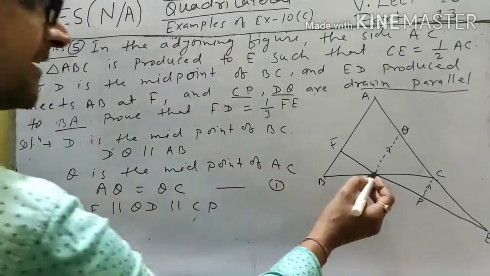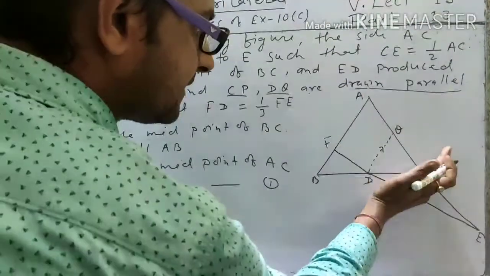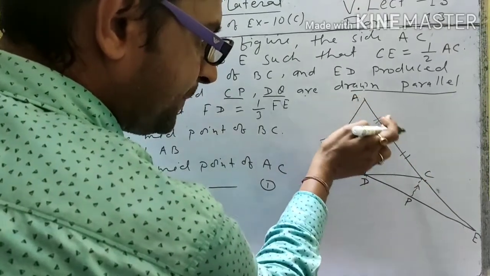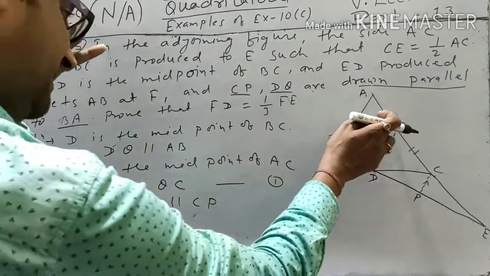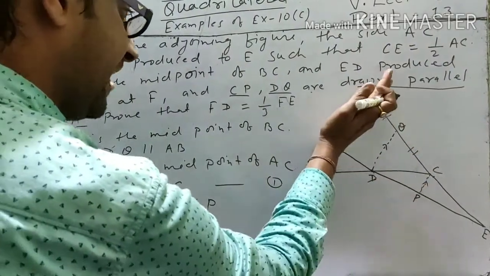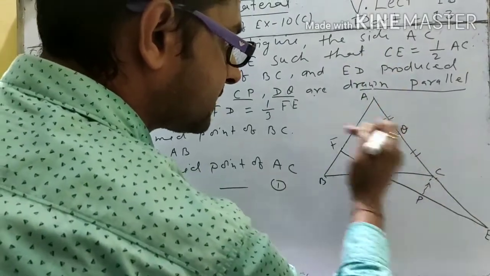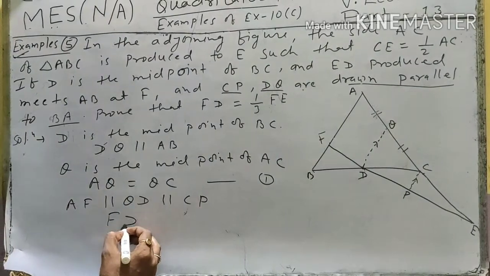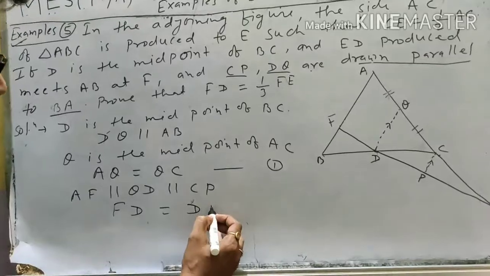So we can say, by the intercept theorem, AQ is equal to QC, already proved here. That means this side is equal to this side, and these three lines are parallel, and this line and this line are the transversals. So we can directly say by the intercept theorem, FD is equal to DP.